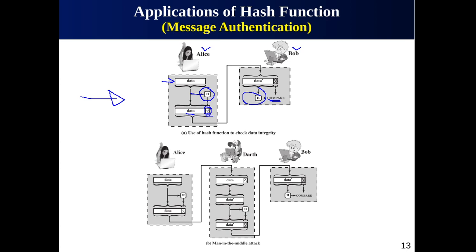After that, the receiver will compare the hash value generated with the hash value received. If both hash values are the same, it assures that the message is authentic. Nobody has changed the contents of the message. But remember, it will not assure message originality. To elaborate this concept further, we have a second scenario here.